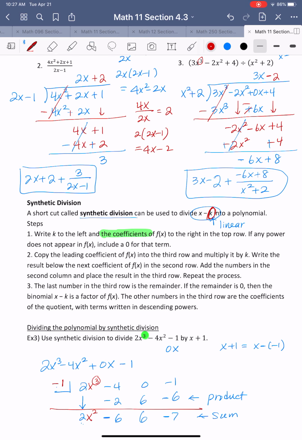Just write it down as -6x plus 6. The last number is always the remainder, so you write plus the remainder over x plus 1. So if you use synthetic division, we skip all this process, and we only get the quotient and the remainder right away.